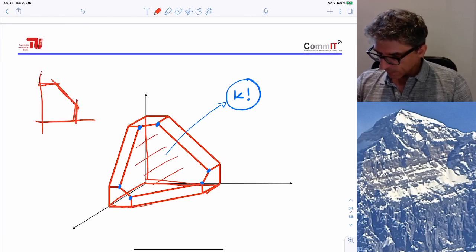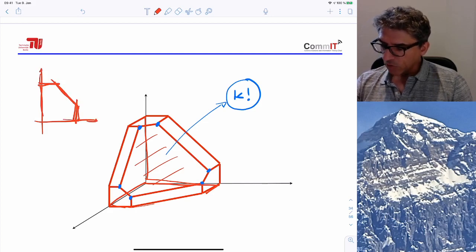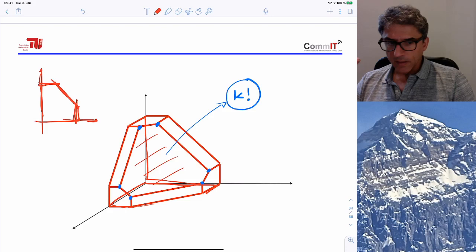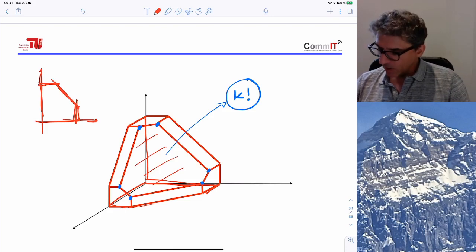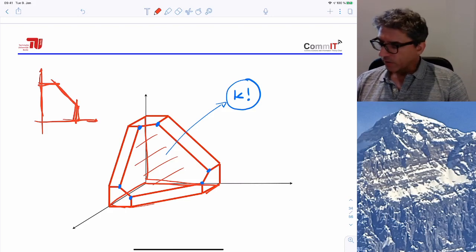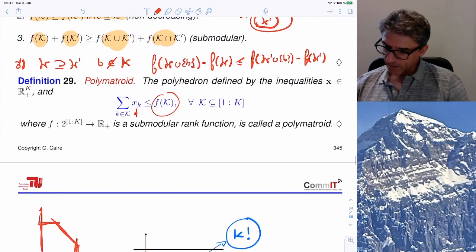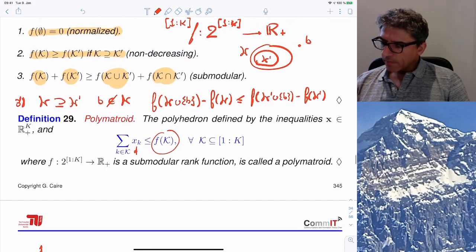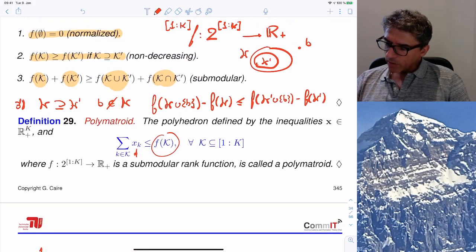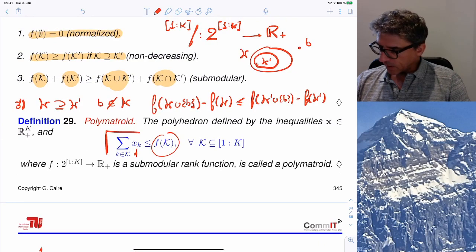And then in higher dimensions, we can only imagine it by abstraction, because we cannot represent, not even using drawings, 4 dimensions, 5 dimensions, etc. So this is our polytope, which is defined by these inequalities, right?